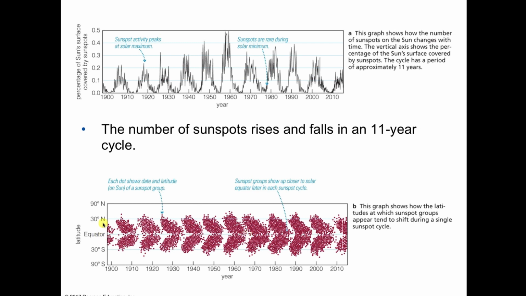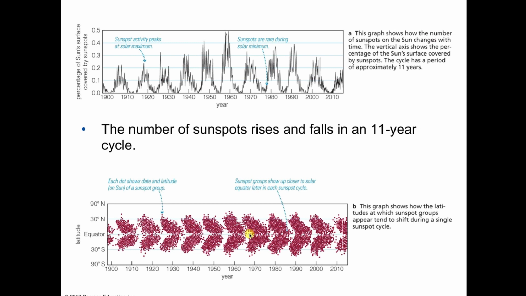So this axis is the equator of the Sun, and this is the North Pole and the South Pole. So early on, there aren't a lot of sunspots near the equator, but there are maybe some sunspots at around 30-degree north latitude, 40-degree north latitude, and south as well.